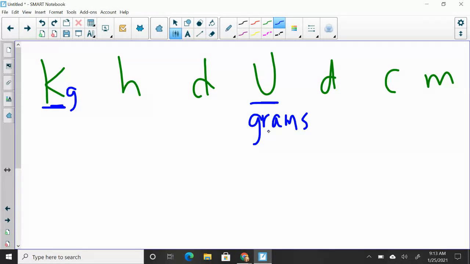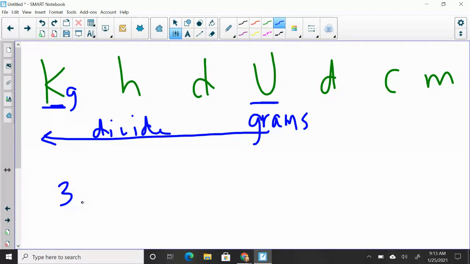So I'm going this way, which means I'm going to divide. Okay, so let's say I had 3,000 grams. Okay, how many kilograms is that going to be?